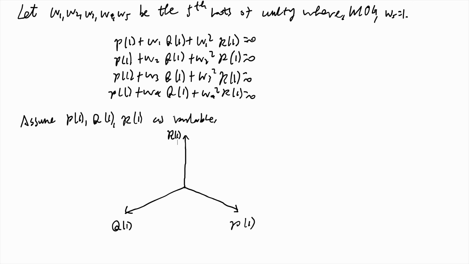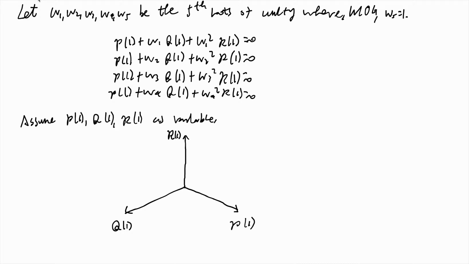But the thing is, when we usually graph in polar coordinates, we have real numbers here and imaginary numbers here. But P of 1, Q of 1, and R of 1 could all be complex numbers.